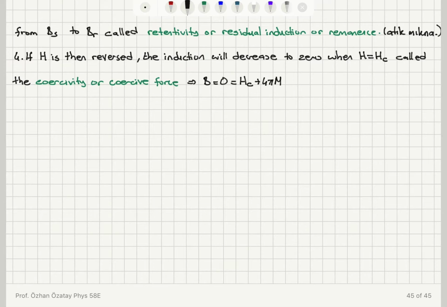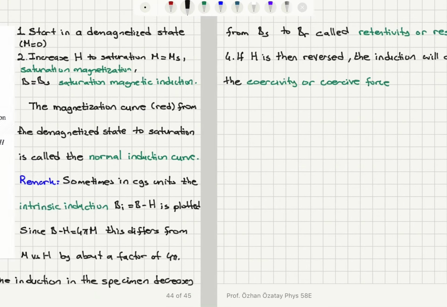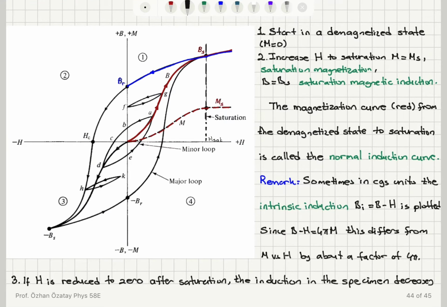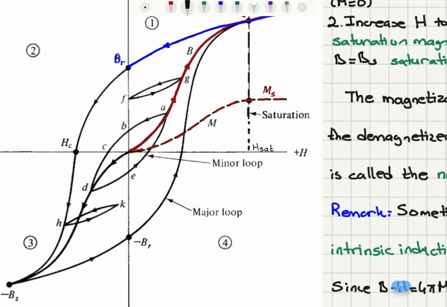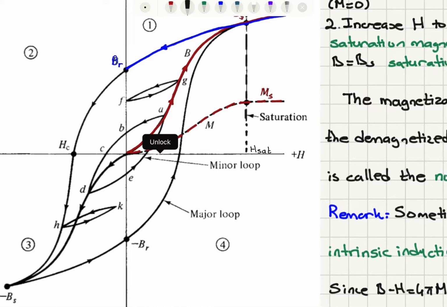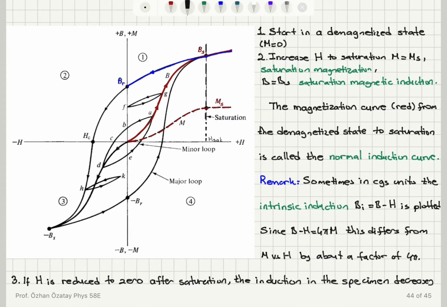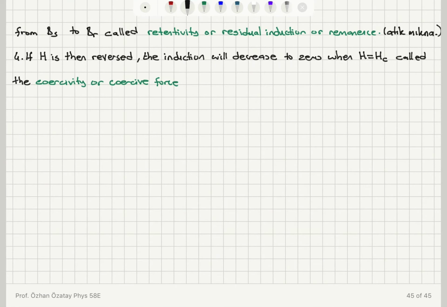Well, this is actually not quite correct if we're not in the initial induction curve anymore. So what I would like to point out here is that when the saturation magnetization becomes 0 is not at the same point as the magnetic induction becomes 0.